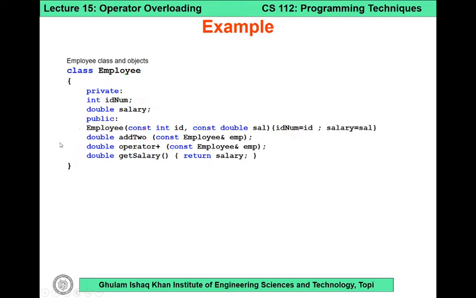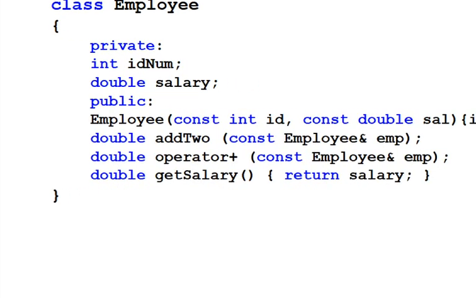Then if you see the next function here, it is a function named add to, and its return type is double. It receives an instance of an employee, taking its reference, and that is why it has made it const.